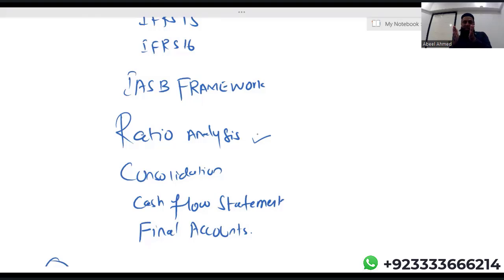So basically, you need to learn ratio analysis in two ways. When we are applying ratio analysis on a single entity, what should be done? When we are applying ratio analysis on the group, what will be the way of interpretation? And this topic of ratio analysis is so important that it can appear in Section C for 20 marks. It has appeared in the past as well, and in the previous attempt also.